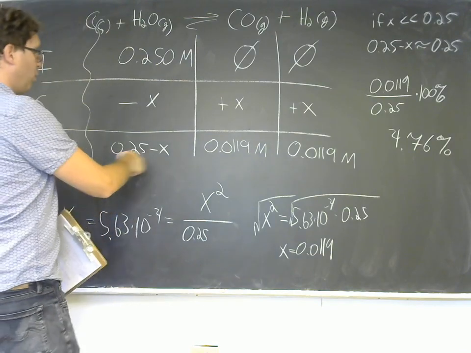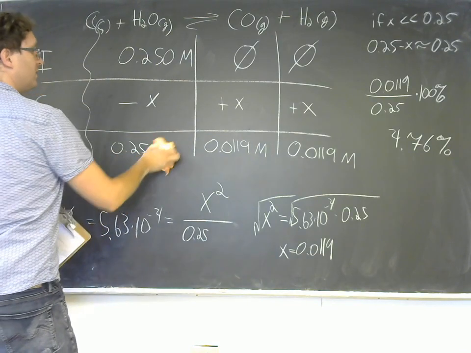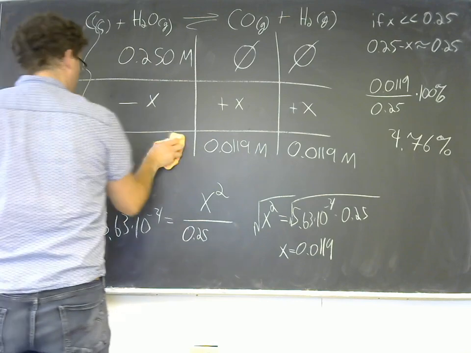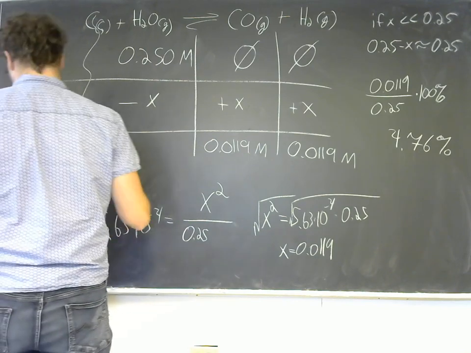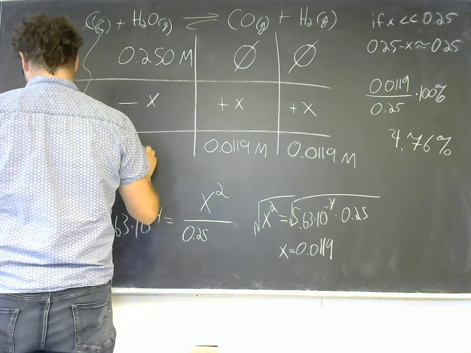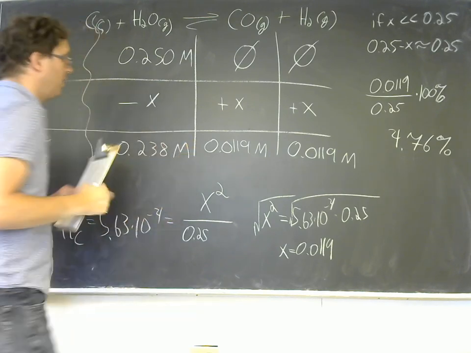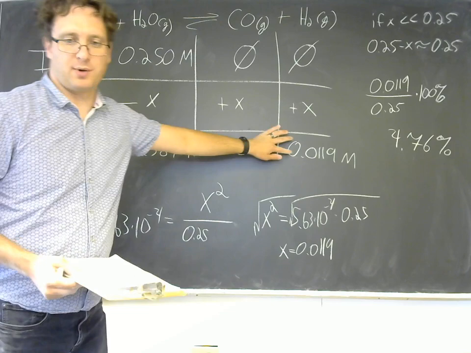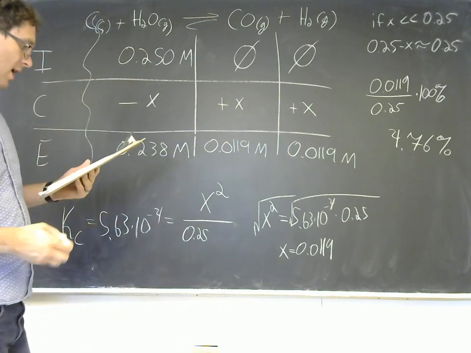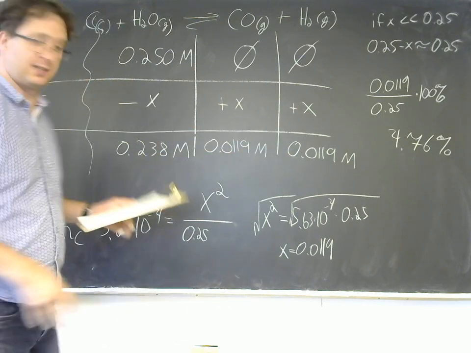And 0.25 minus 0.0119 is going to give us 0.238 molar. Those are the equilibrium concentrations, and that's it for question 1.